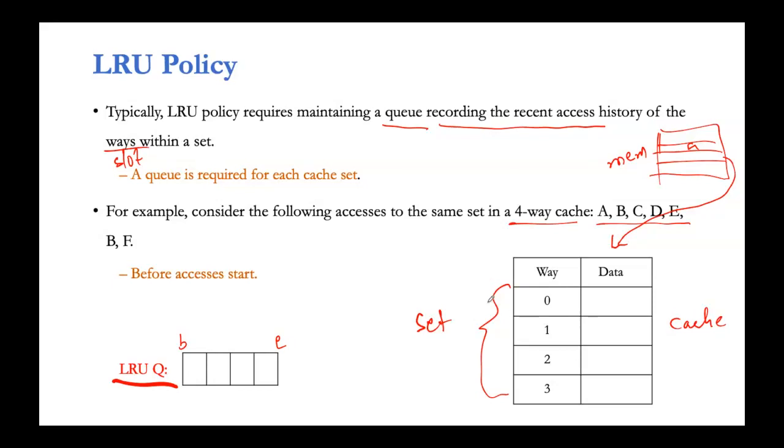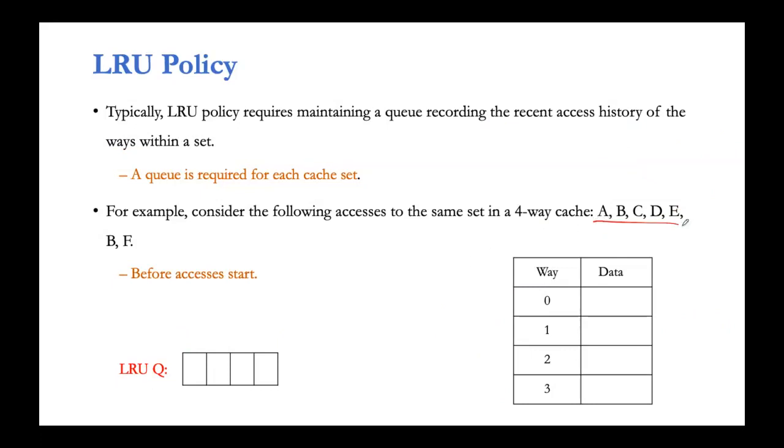Let us see that in this example. We have 7 cache accesses: A, B, C, D, E, B, F. Initially the cache is empty. Upon the first cache line, A, being requested by the CPU, obviously it is a miss.